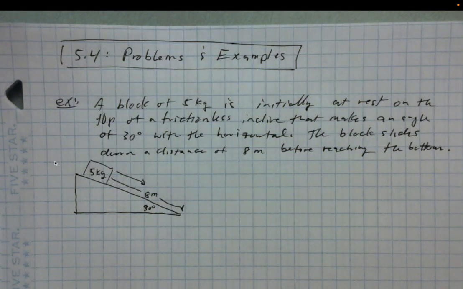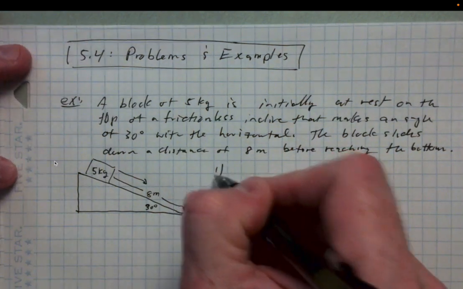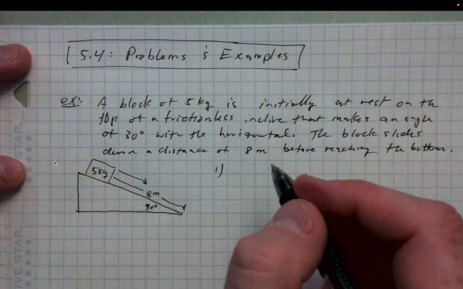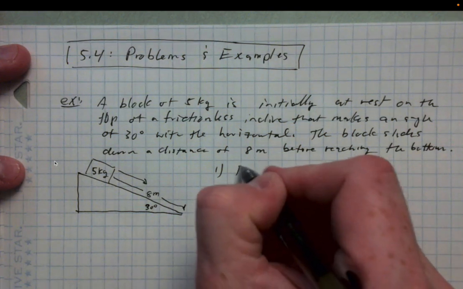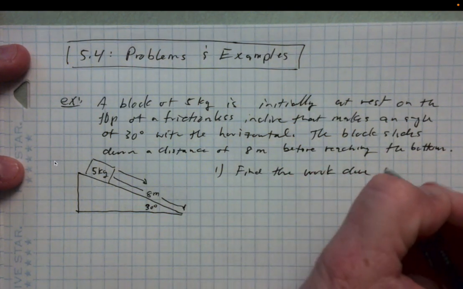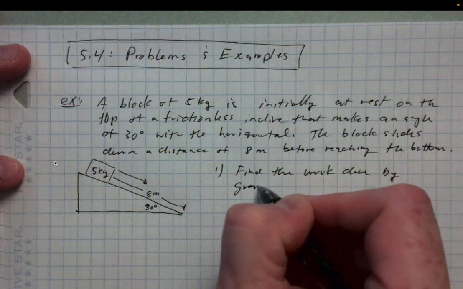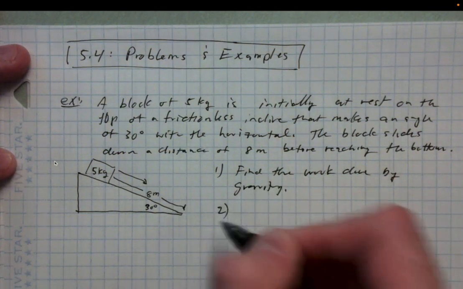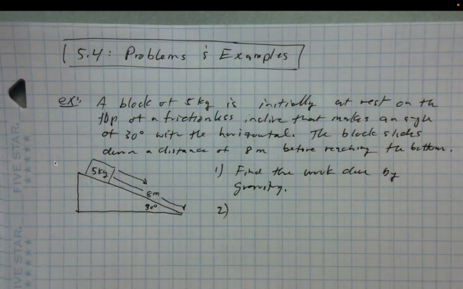Now the questions are, first, find the work done by gravity as the block slides through this 8 meters. The second question is find the kinetic energy of the block at the bottom.